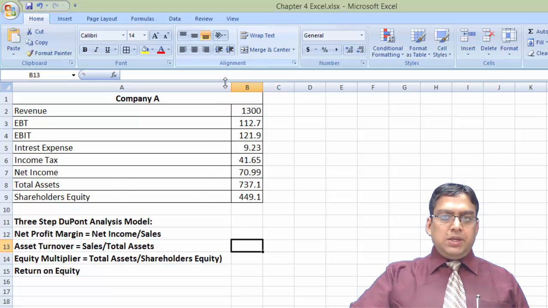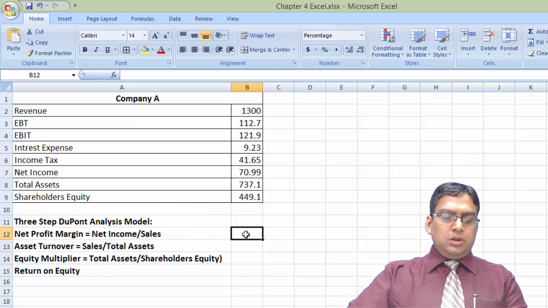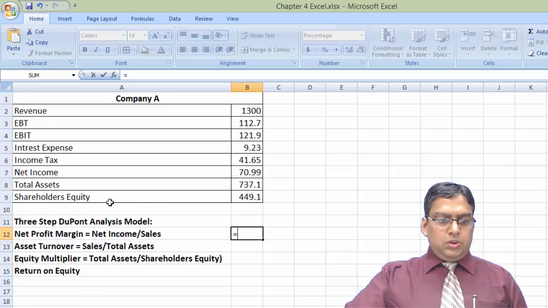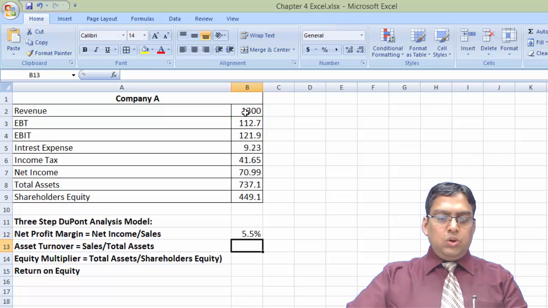These are mentioned in the Excel sheet, and we use the data for calculating net profit margin first. That is net income divided by sales. That means B7 divided by B2, and your output is 5.5.